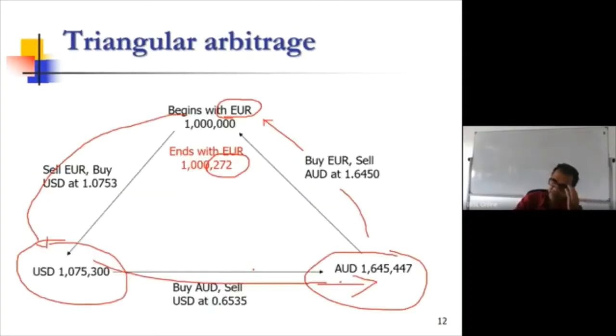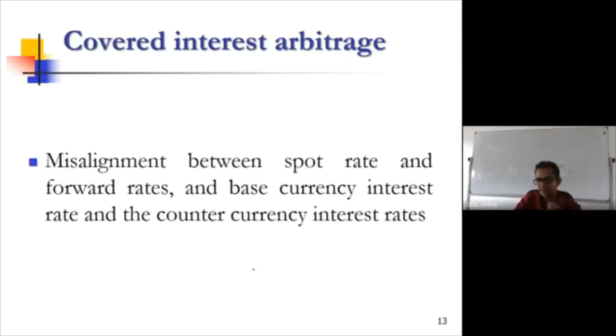The previous one, triangular arbitrage, is very rare, but still that can happen. But covered interest rate arbitrage is nowadays a bit common, because of some regulatory requirements, some currencies are in a high demand position, so the interest rates are very low in that currency, and in other currencies the interest rate is high.